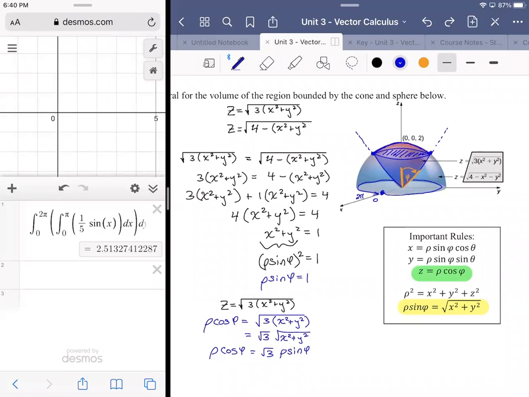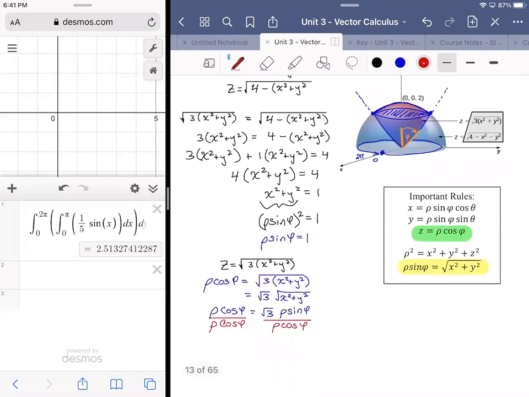So if I divide both sides by rho cosine phi, we can get the rhos to cancel out. And on the left-hand side, also the cosines, we'd be looking at 1 over rad 3 times the sine of phi. So 1 equals radical 3 sine of phi.